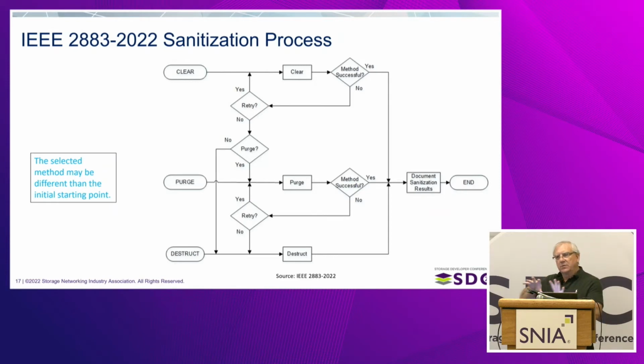So this is really intended to guide you through, once you figure out your starting point, to help you figure out ultimately where you need to go. You may actually have to do multiple clears, maybe multiple purges before you get to the point where you've effectively gotten rid of the data.